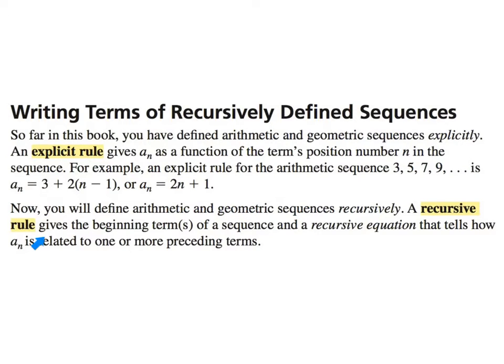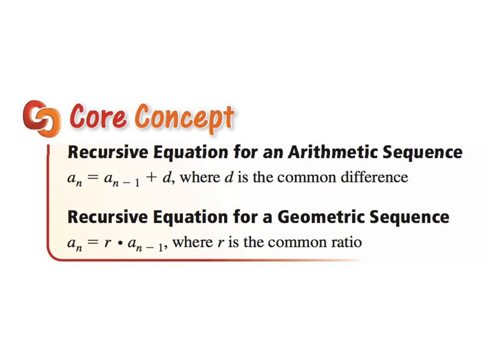You are now going to define arithmetic and geometric sequences recursively. A recursive rule gives the beginning term or terms, it could be more than one, of a sequence, and a recursive equation that tells how you get to the next term knowing the term before it. And here is your core concept. For arithmetic, you have to give the beginning terms of the sequence. I can't stress this enough.